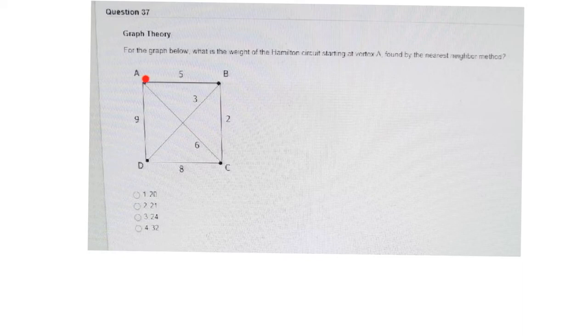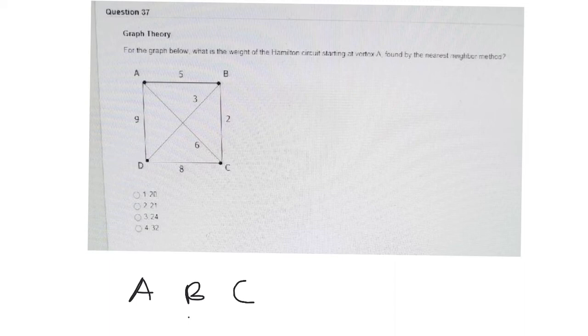So we start with vertex A, and if we're going to use the nearest neighbor method, it would go from A to B, it looks like, because from A, it is only 5 units to B. And then from B, we have 3 choices. We could either go to A, we could go to C, or we could go to D. It looks like C is the next option because from B to C is 2.